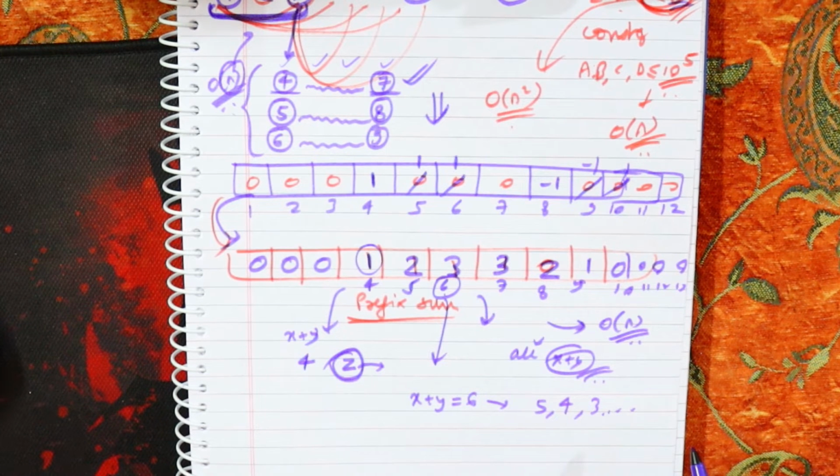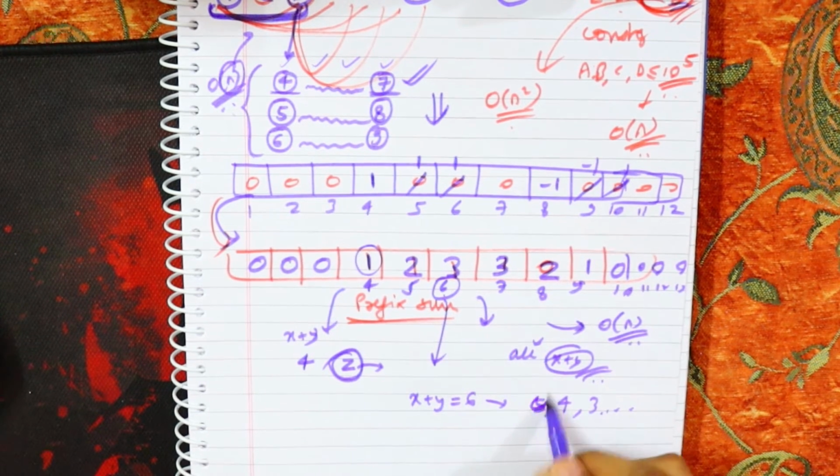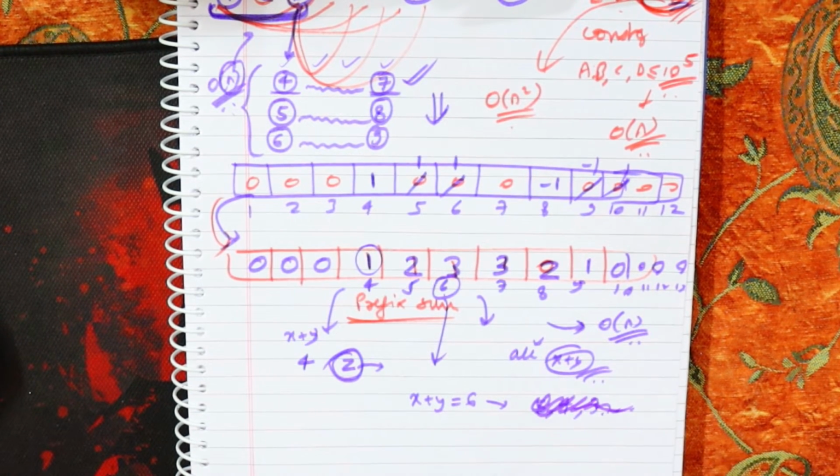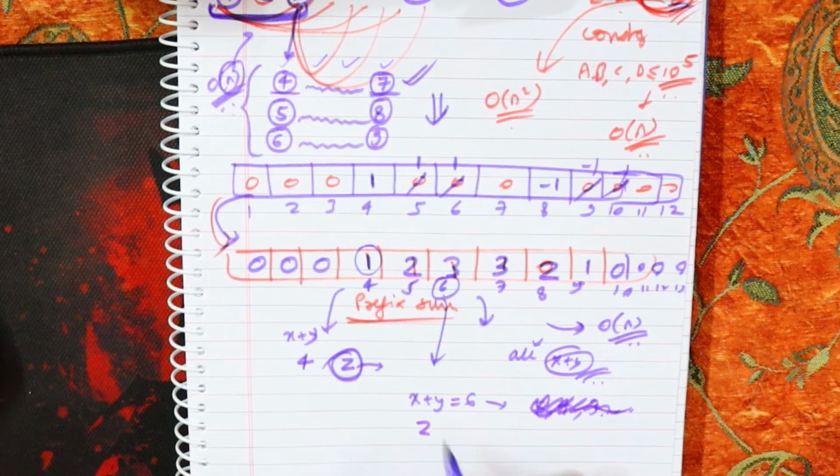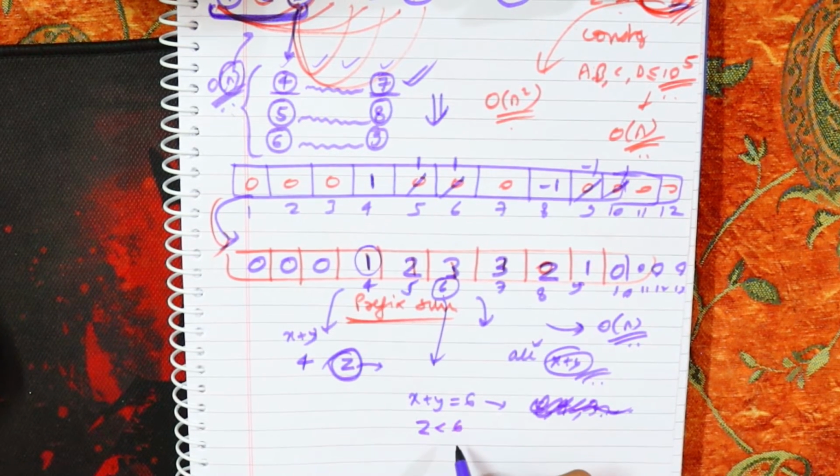So I will check. Okay, I need 5. See, I have x plus y equal to 6, so I need a z which is less than 6.